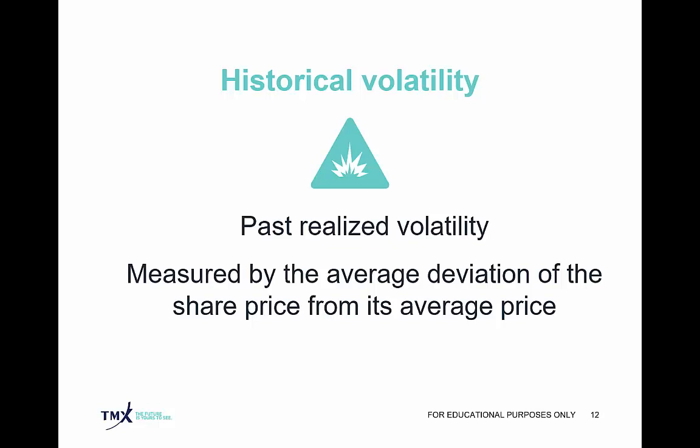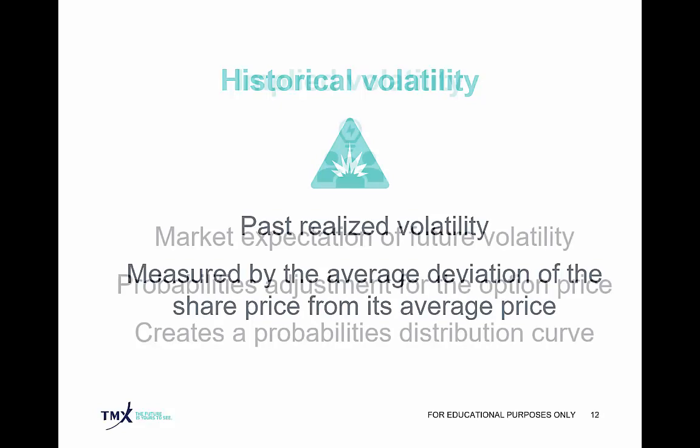And so really what historical volatility is measuring is quite simply how much the shares trade above or below that average. And this gives us an idea as to how historically volatile a stock is. Some stocks are much less volatile than other stocks, and so this actually has a significant influence on the value or the pricing of an option contract.